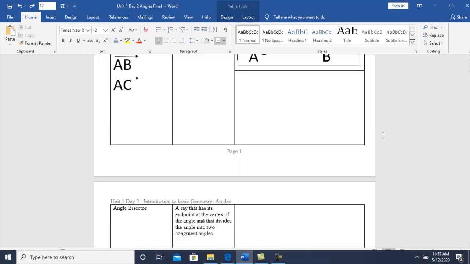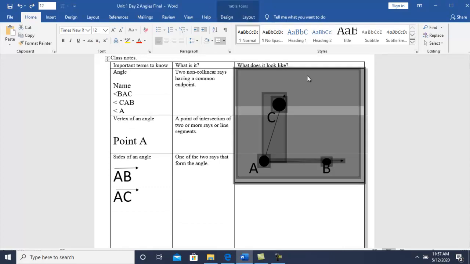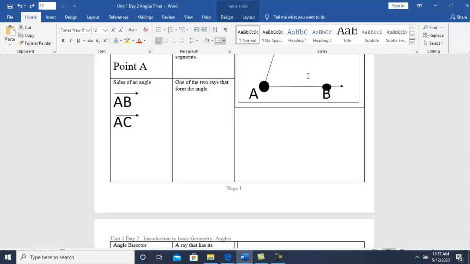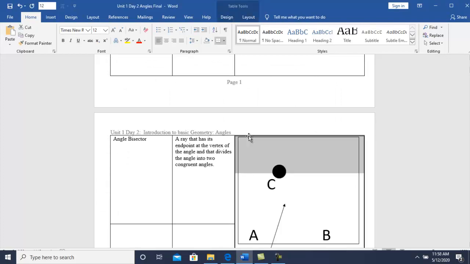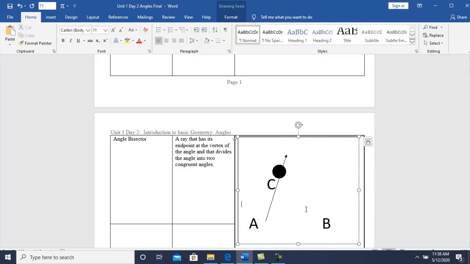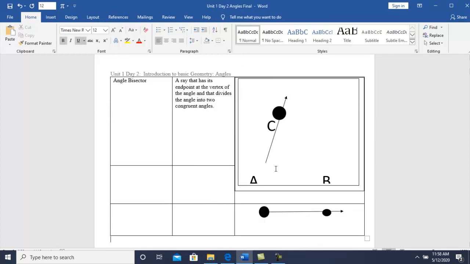Let me try one more thing here. Okay, so here is our angle from before.